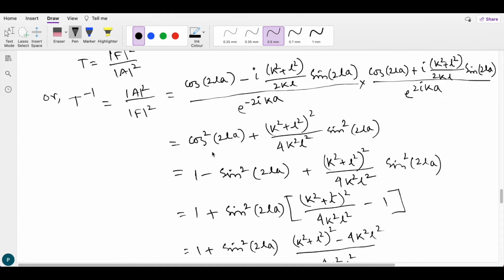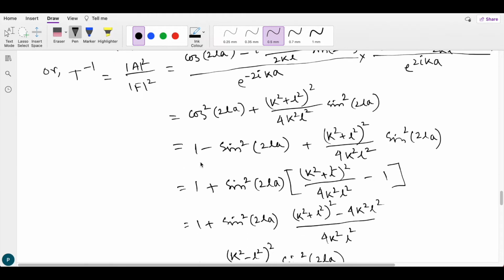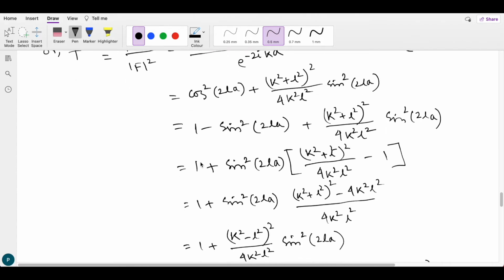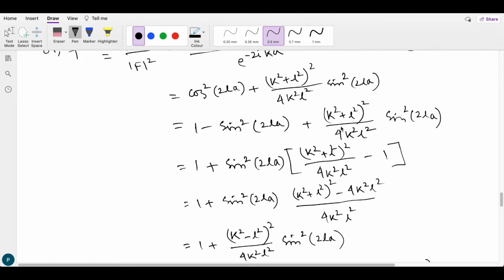We know that cos square theta is 1 minus sin square theta. We have just used that trigonometric identity here. So cos square 2la is written as 1 minus sin square 2la, and this part remains the same.